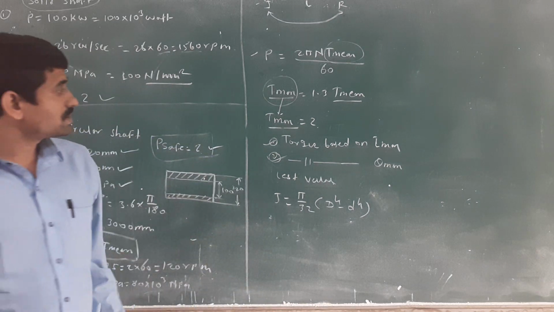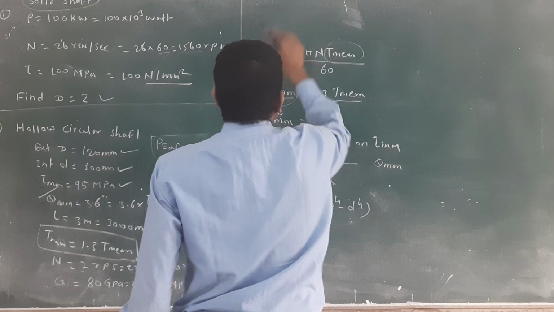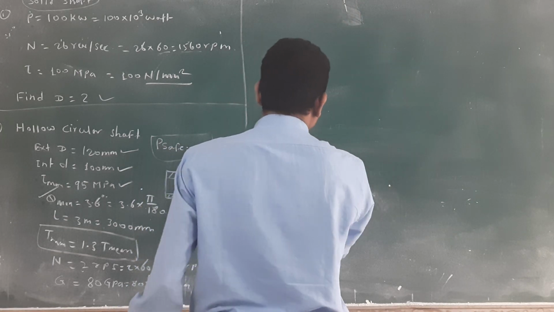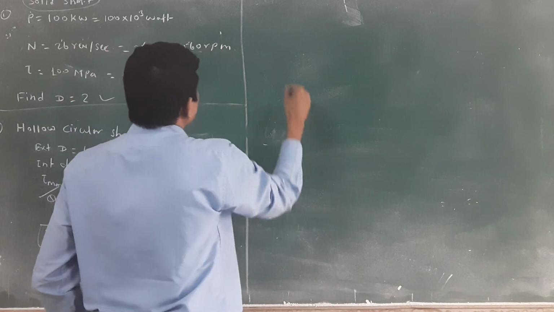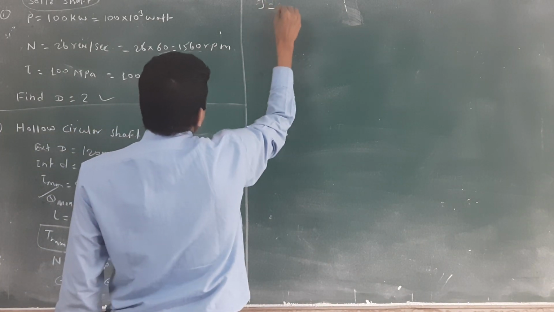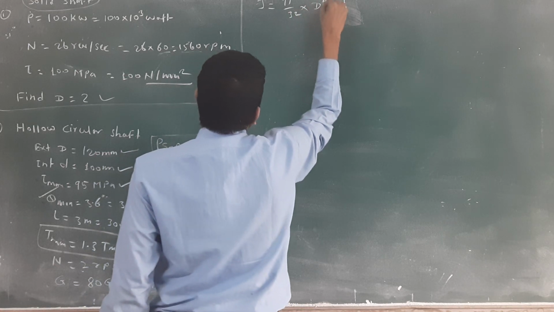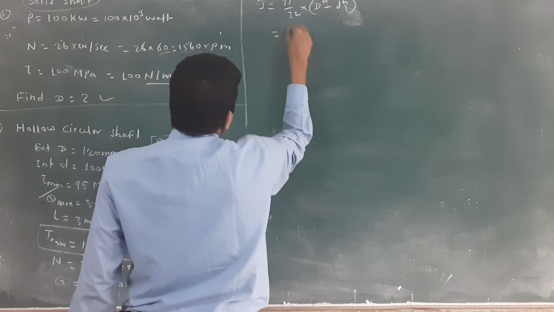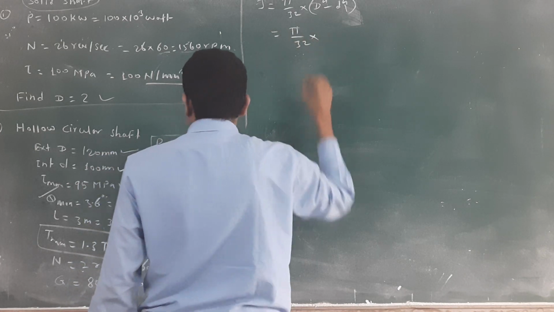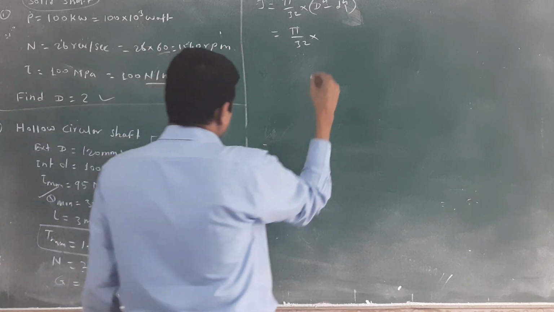Can we start then? First we'll calculate the polar moment of inertia. J is equal to pi by 32 into capital D raised to 4 minus small d raised to 4. Capital D, 120 is given.